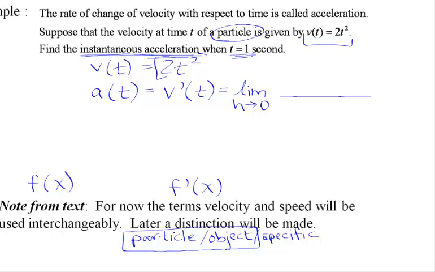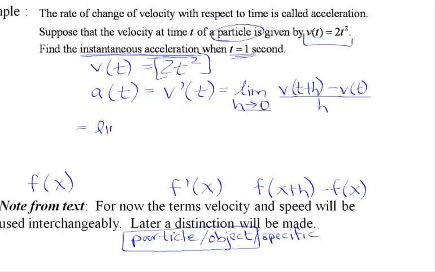So here is v of t. For us, now our notation has changed. We're going to find v of t plus h, the same as f of x plus h in this context. We're going to subtract from that v of t, equivalent to that function, still all over h. So let's fill this limit out. The definition of the derivative using this velocity function is 2, open parentheses.